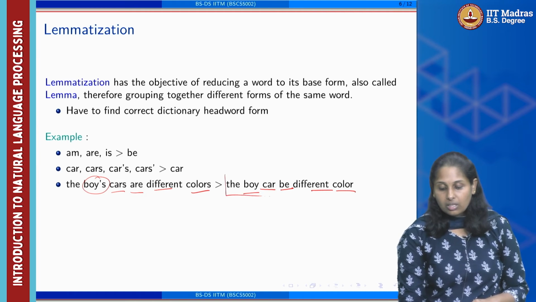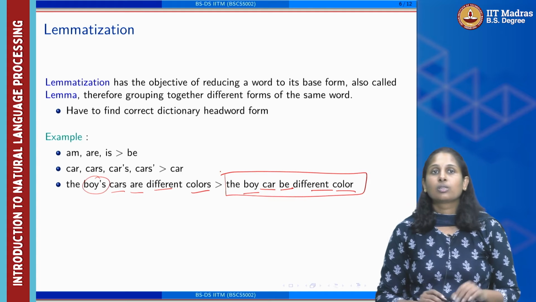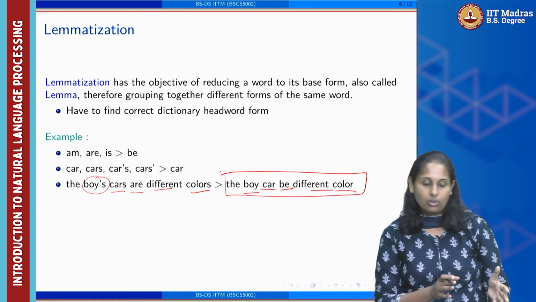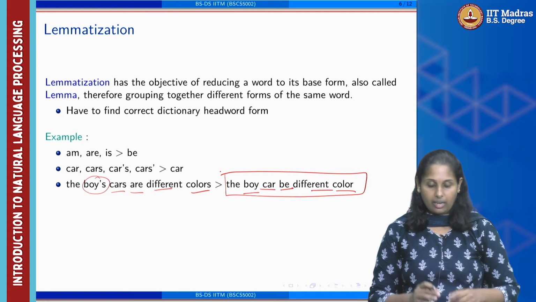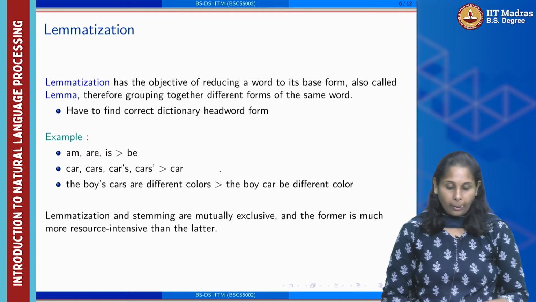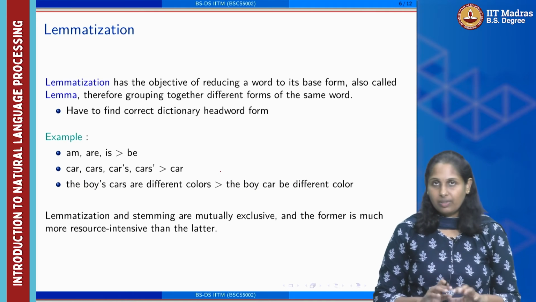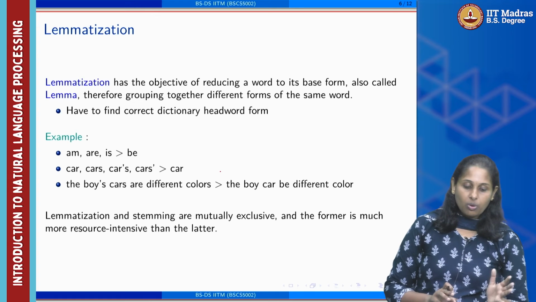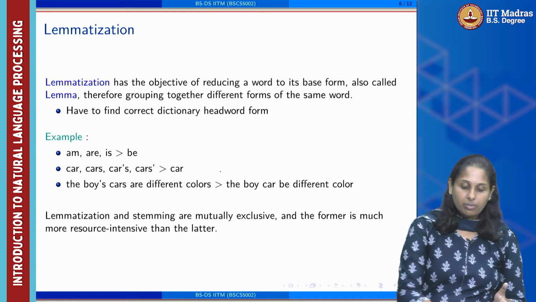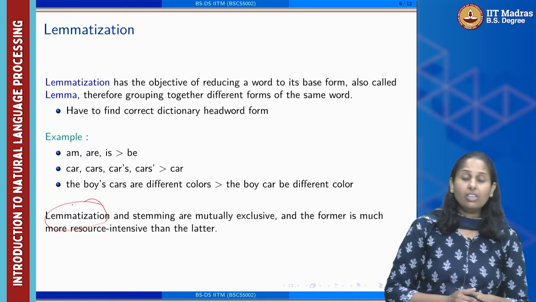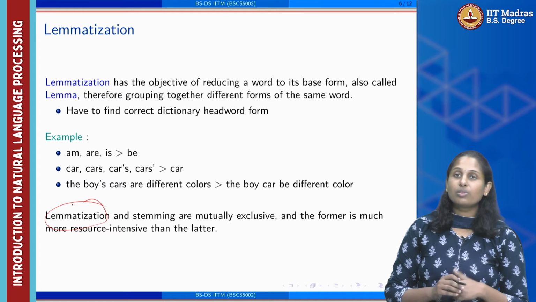This is the lemmatized text that we can get from an actual lemmatizer technique. Now, lemmatization and stemming are not the same, as we see. The former is much more resource intensive, in terms of the lemmatizer I am talking about. So, this is much more resource intensive than the latter.